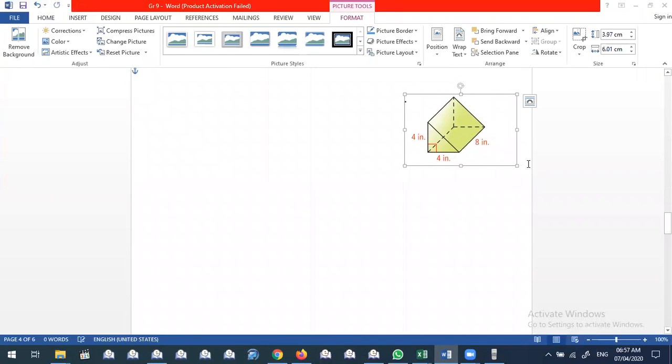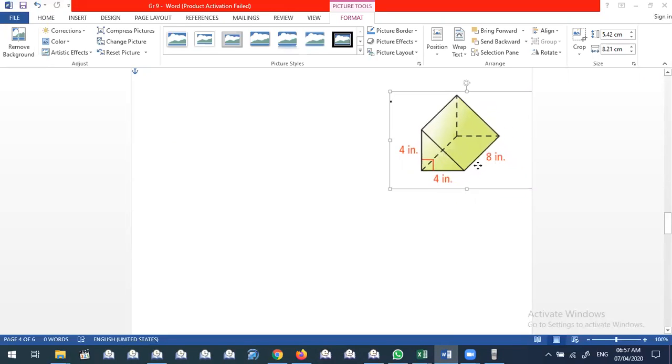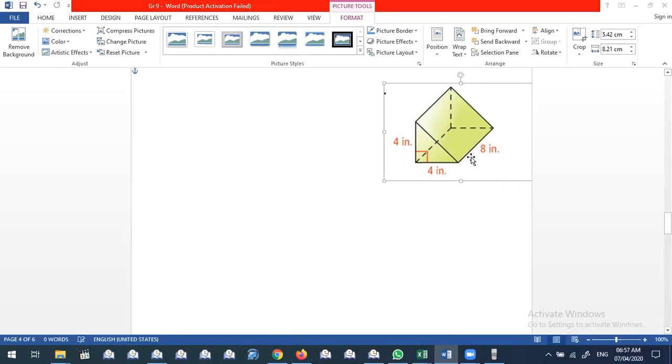Here, we need to find the surface area of this triangular prism. We have two ways. We are going to use the formula way.